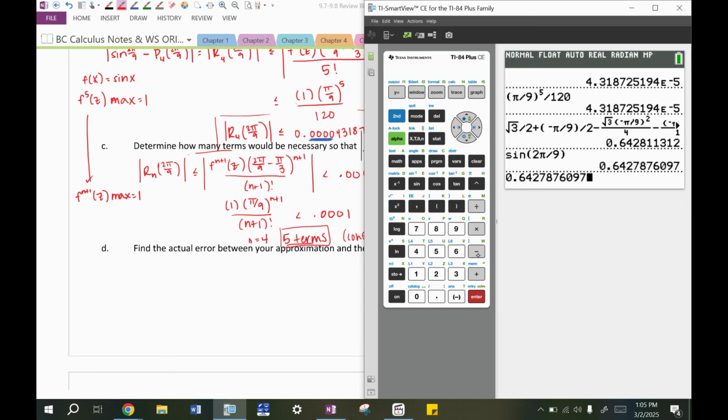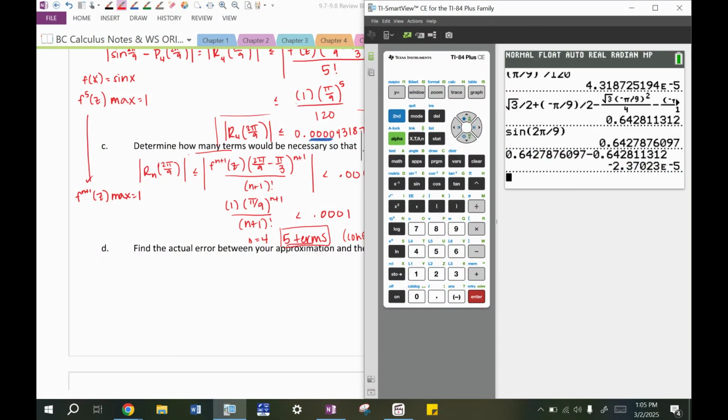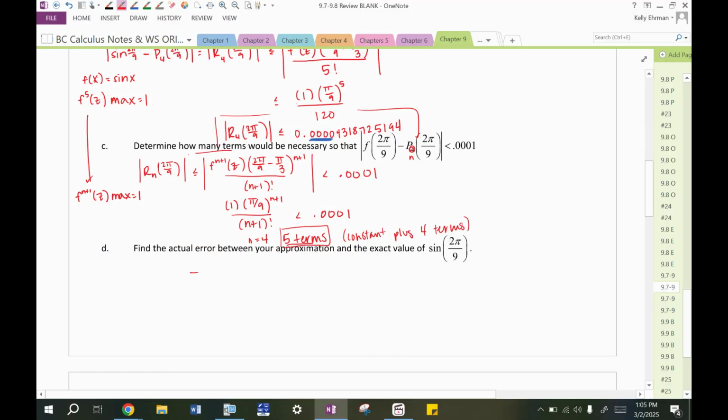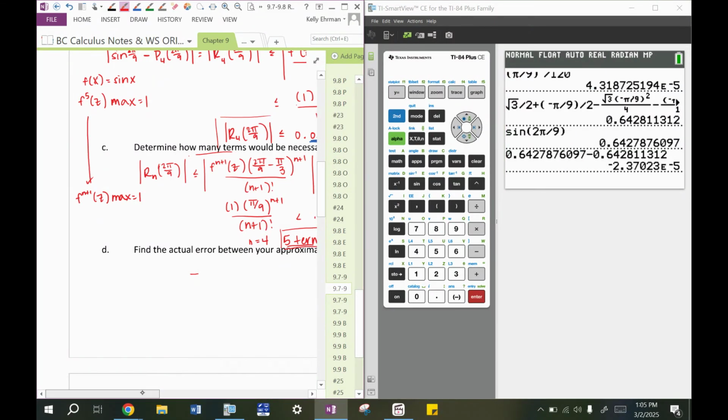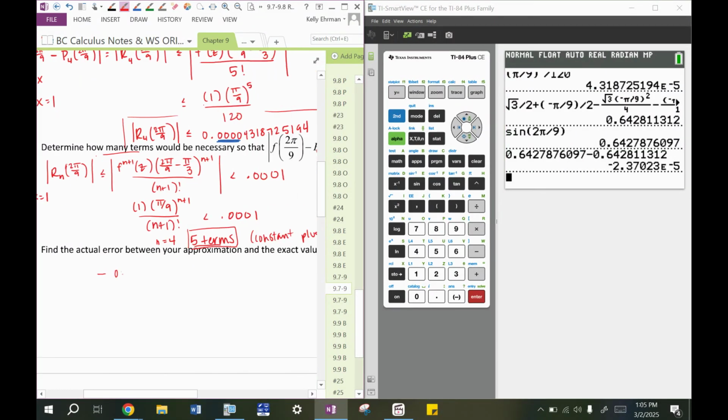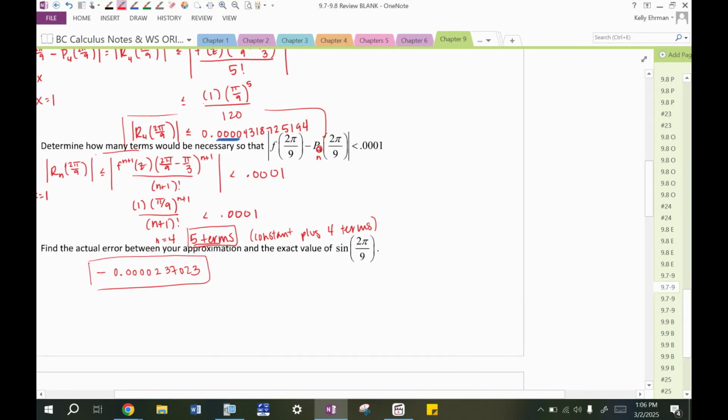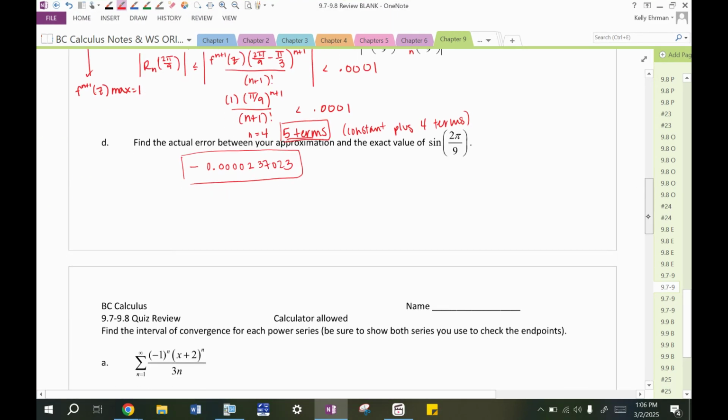That answer minus my approximation comes out to negative 0.12342370023. Okay, that's pretty good. Let's take a look at the next page.